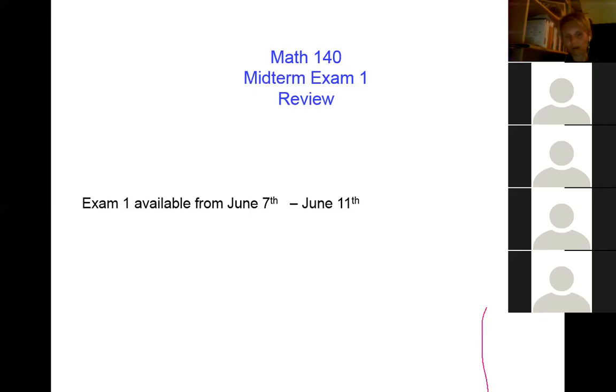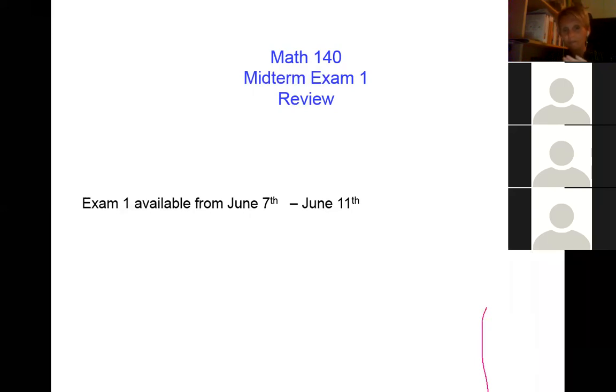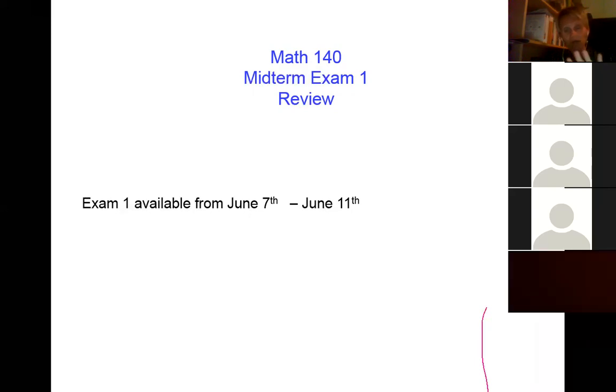Each question is worth 5 points. The total is 100. And also, we are not allowed to use any formulas, no calculators, no electronics, nothing. You can only use scratch paper and, of course, a pencil. That's the requirements. It's the same as for each quiz.